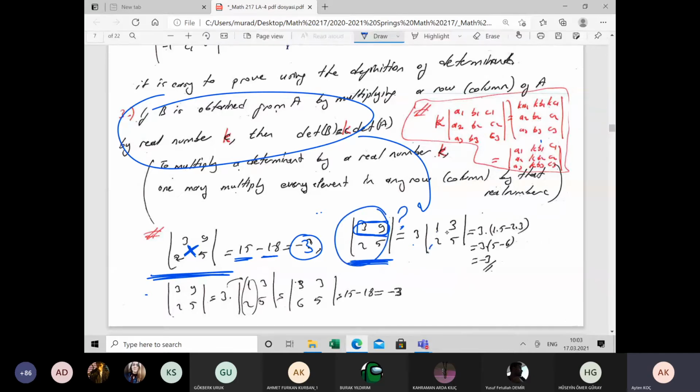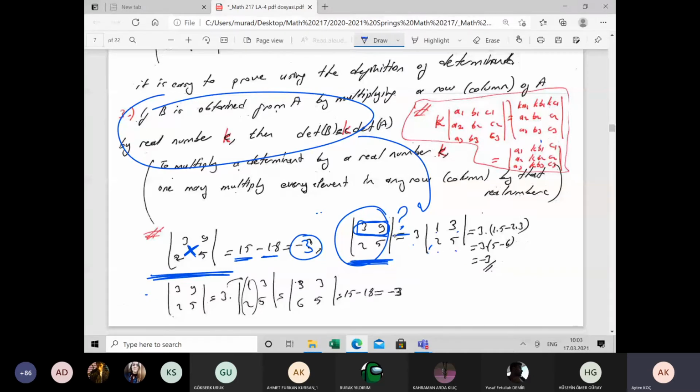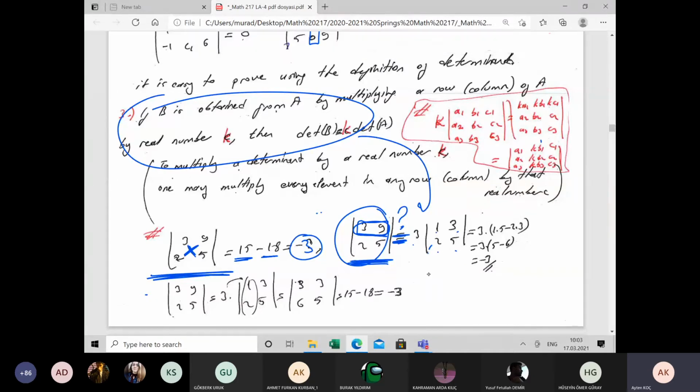Let's check that this one is equal to this one. This one gives 5 minus 6, so we obtain minus 1, multiplied by 3, giving minus 3. Look at this one: it is minus 3, the same.